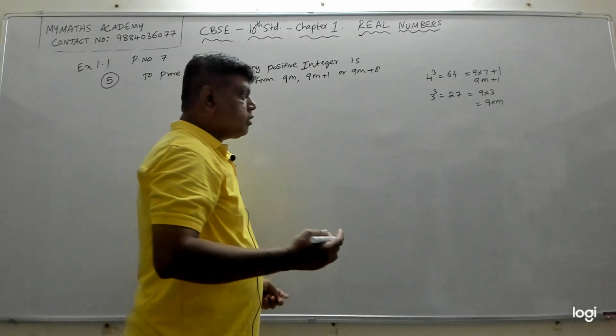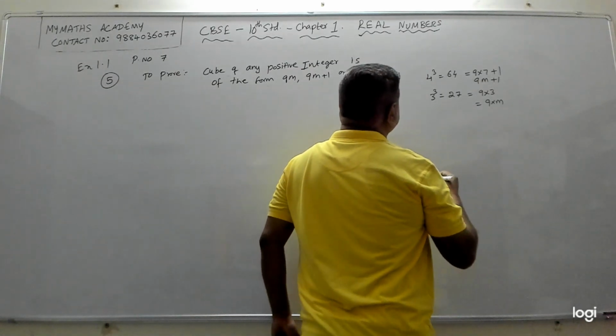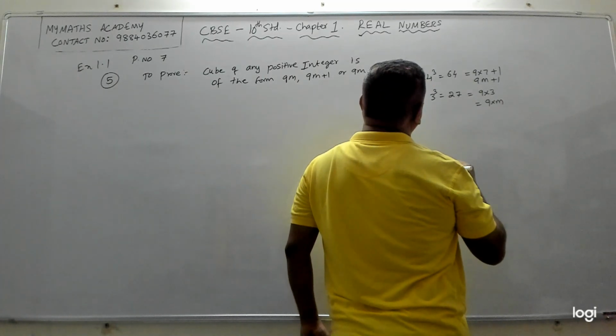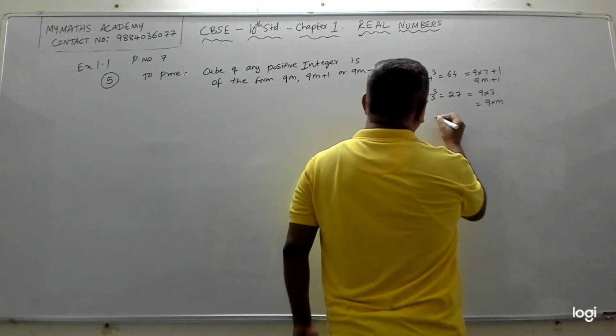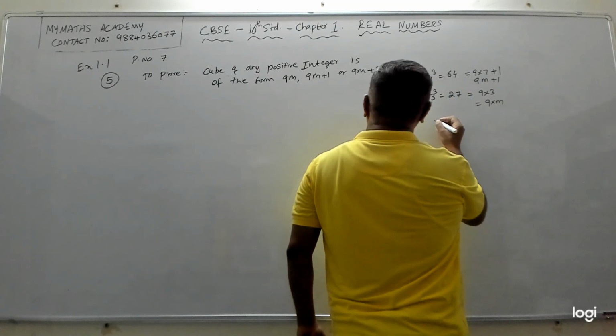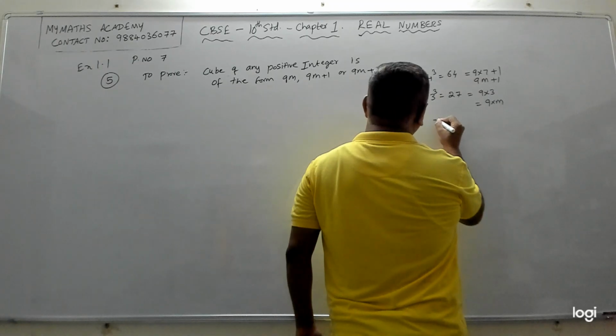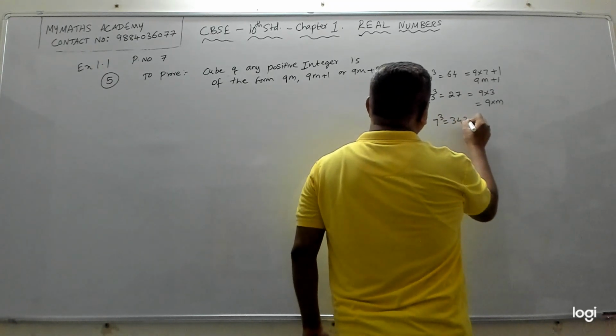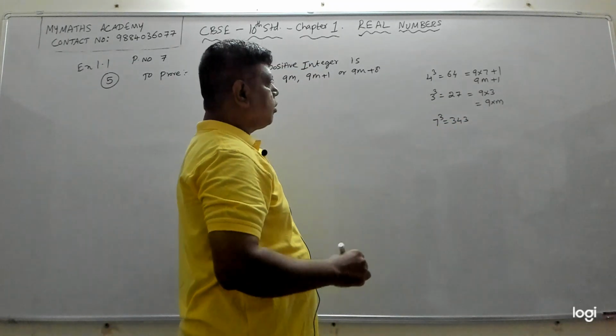Any number. Suppose we take 6 cube, it will come in terms of 3. We can take 7 cube also, or 8 cube. 7 cube is 343. 343 can be written as 9 into something.